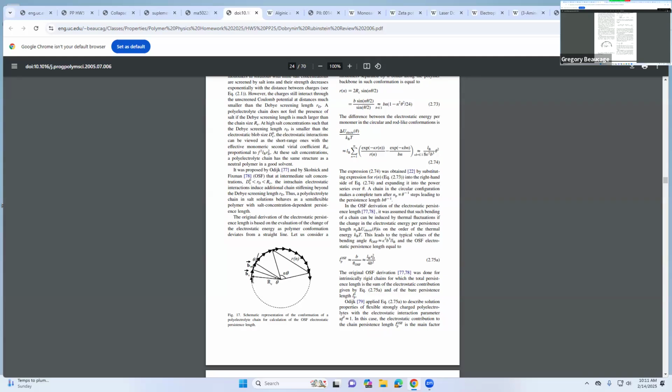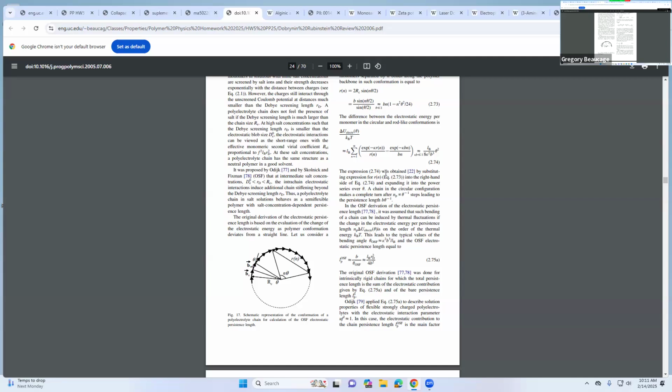So they have charges as part of an electrolyte. There are charges along the chain. If it was straight, the charges would have an interaction at the distance a between the charges. But because you bend it, the charges are closer together. So there's some balance of forces. There's a change in the energy of the chain because the charges come closer, and it's q squared divided by r that is the energy of the charge interaction.